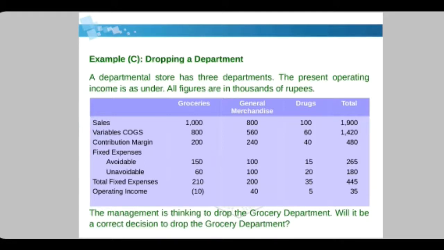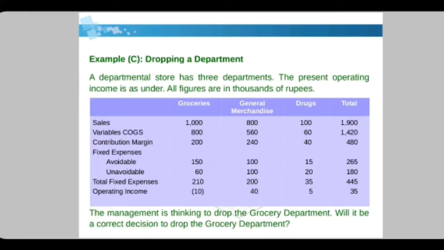Contribution margin 200 and total fixed expenses 210, so it will be 200 minus 210, that is minus 10. Whenever there is a loss in economics, we show it in brackets. So there is a loss of 10.